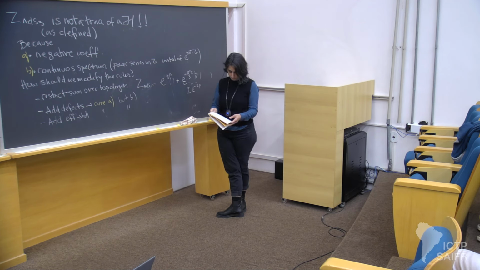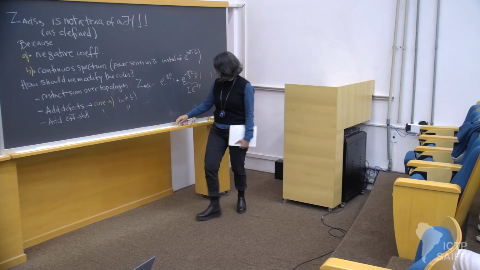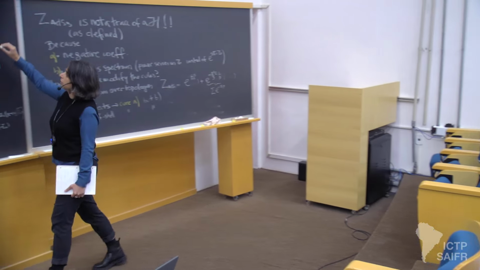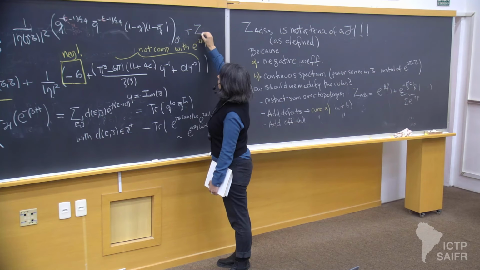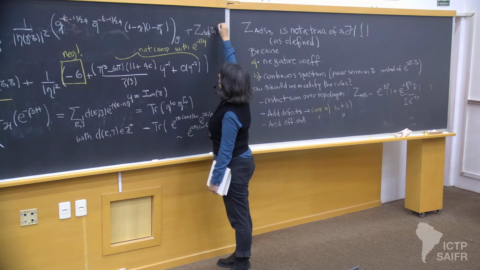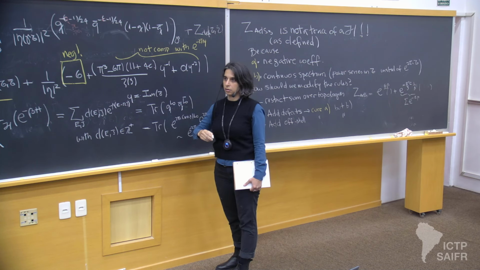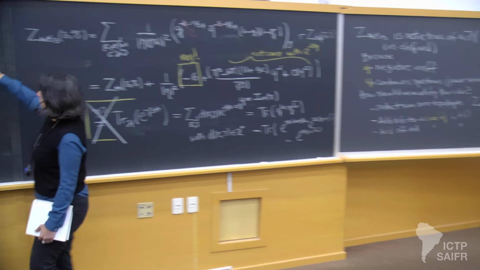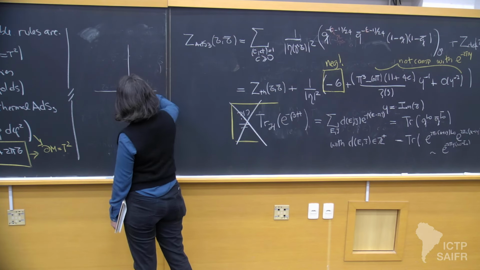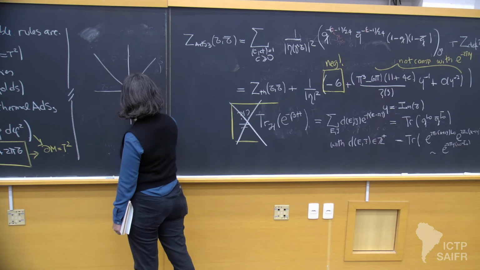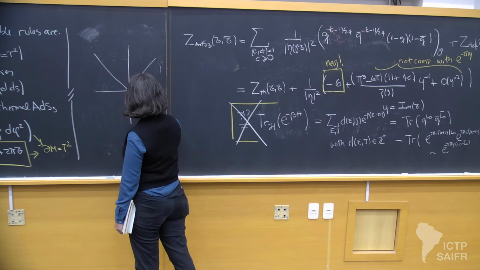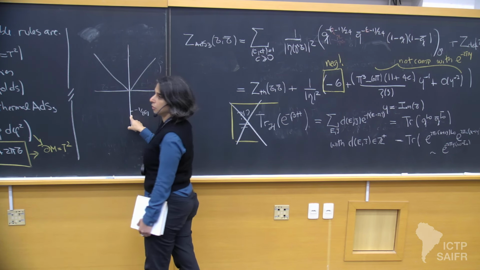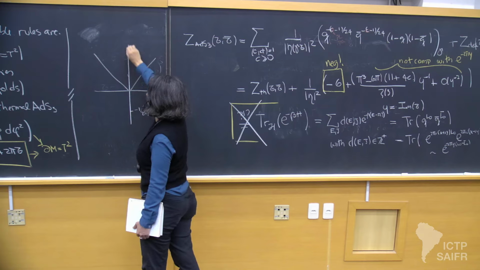Okay, what do you mean with adding defects? In the sum, you just add the path integral that you would get around a defect at temperature tau and tau bar. Remember, when I told you what the smooth solutions were, there was thermal AdS, and then here were the black holes.